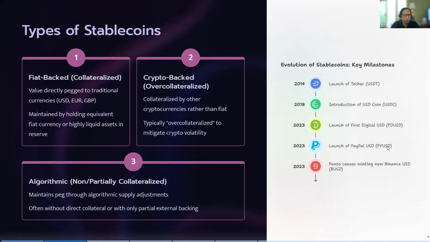So, types of stable coins. From last week's discussion, we know that a stable coin resembles a real world asset like the US dollar or any currency. If you have one US stable coin, that means you have one US dollar.